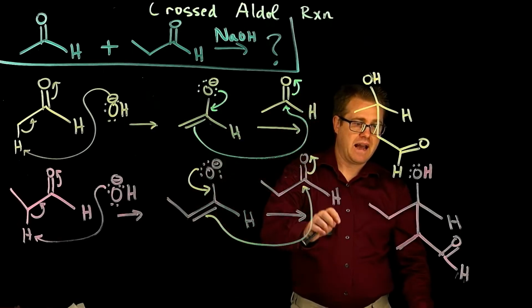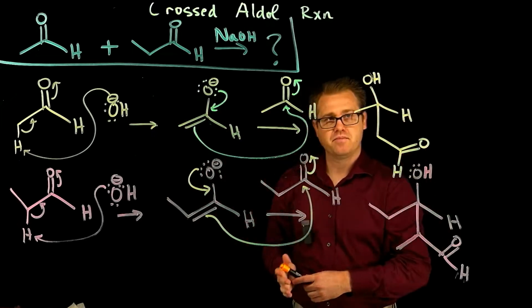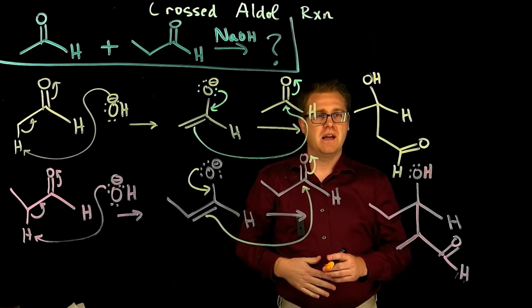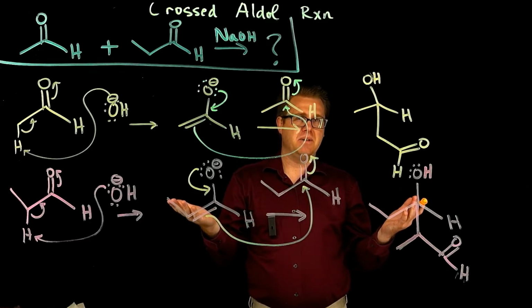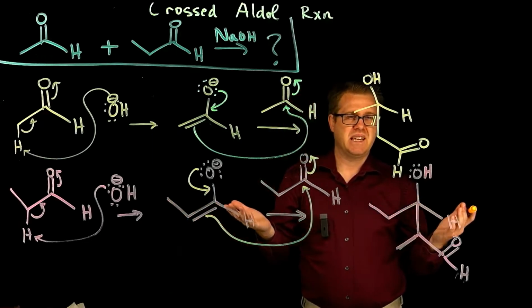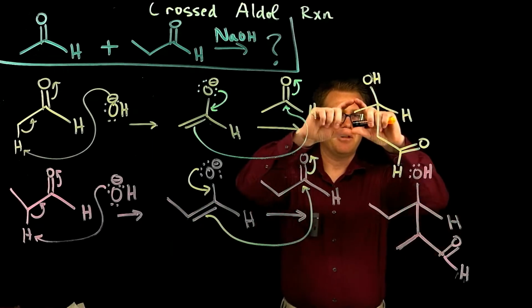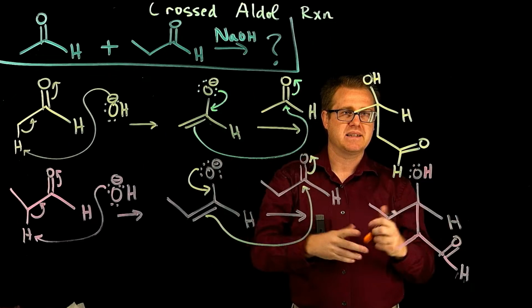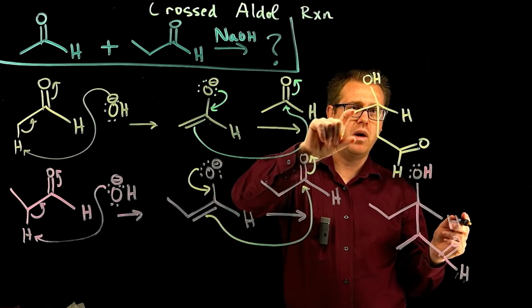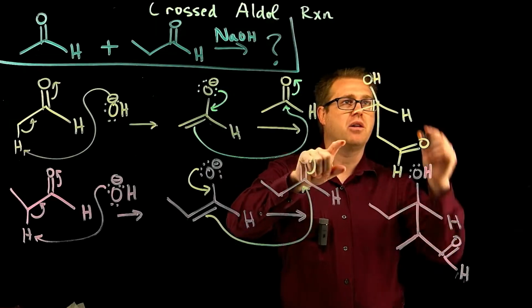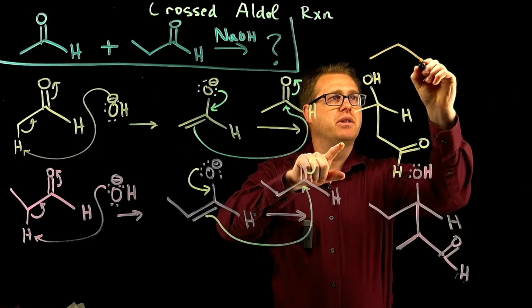Now after I do this, I can take the molecule and clean it up a little bit so I can see it better. When I draw it horizontally, it just clicks a little bit better for me. So let's just do it here. We have 1, 2, 3, 4 carbons.